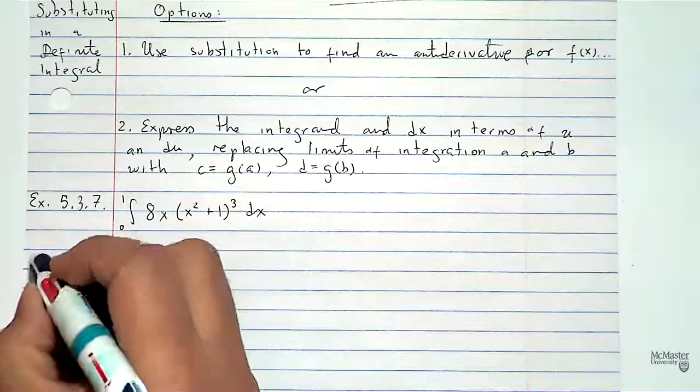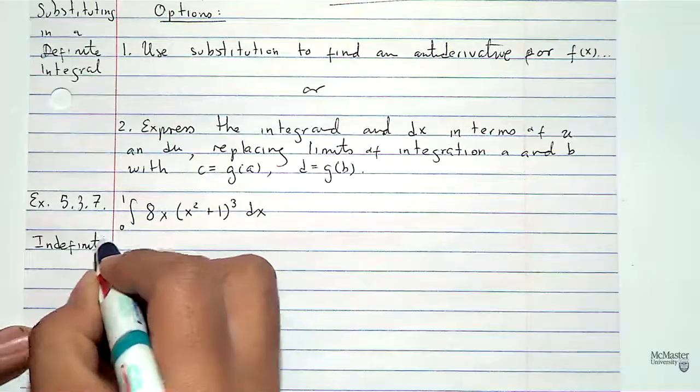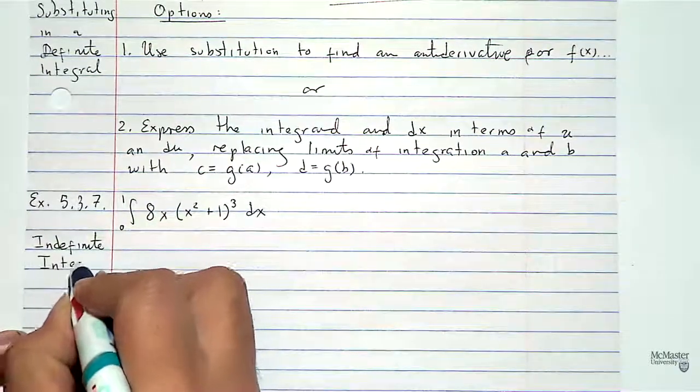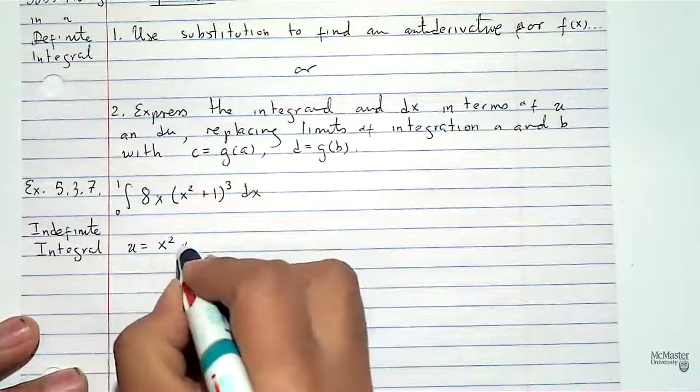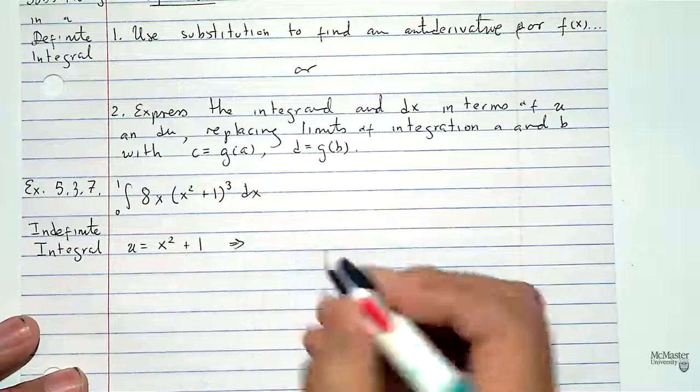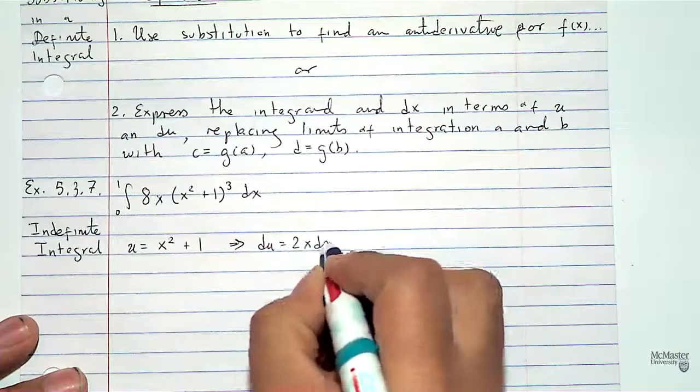First, we will be concerned with the indefinite integration, where we have a function u, which is equal to x squared plus 1. And okay, in this expression, you have du equal to 2x dx, right?